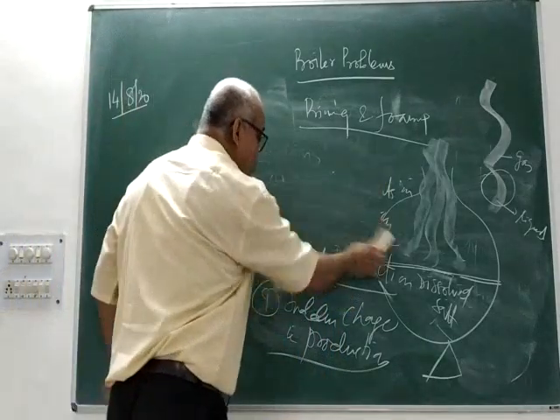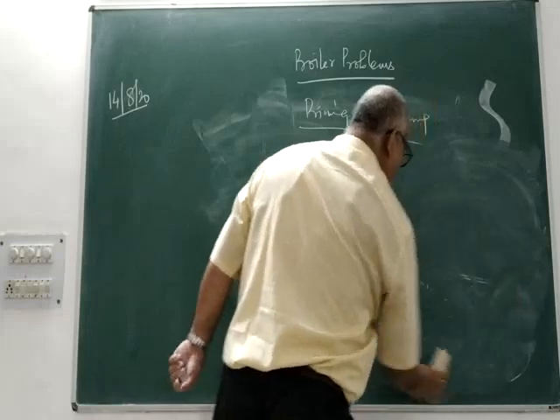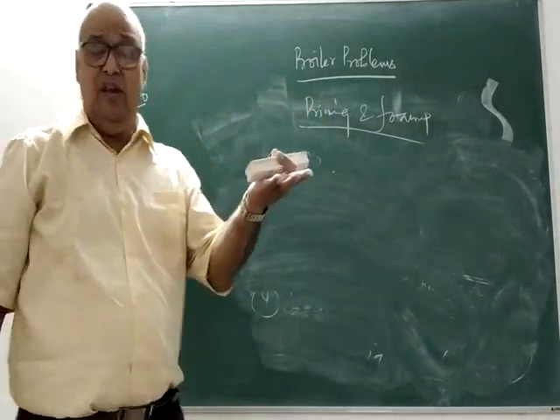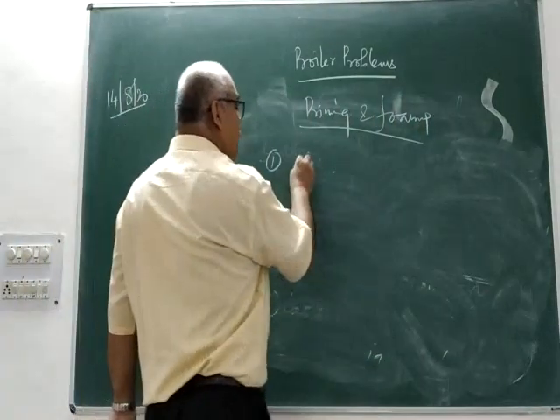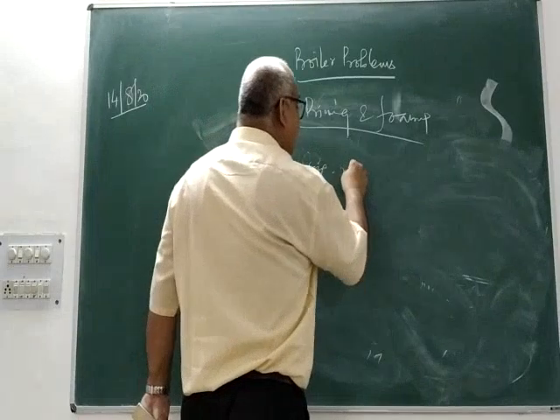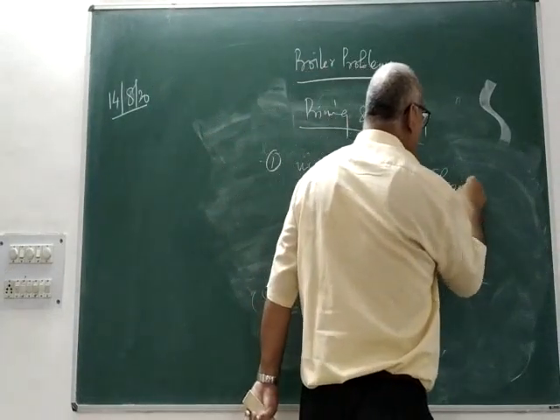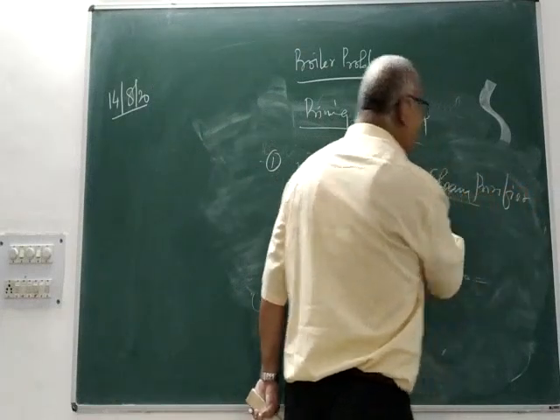Now, how can you control this priming? Because priming can be controlled. There are two different ways you can control priming. Number one, by using water of specification, as we discussed earlier. And number two, by using a mechanical steam purifier. Try to understand, the steam has become wet.